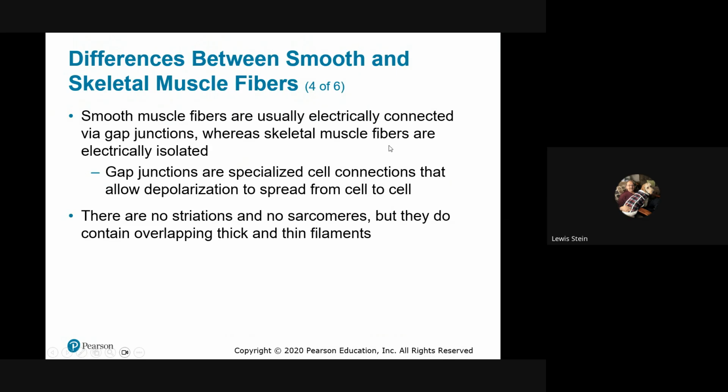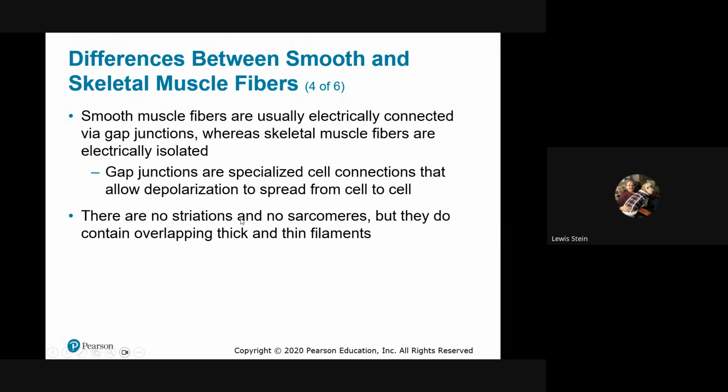The skeletal muscle fibers are isolated. The gap junctions basically allow that depolarization to spread. And so you cannot see striations. Even though there's overlap, the thin to thick ratio is on the order of 12 to 13 to 1, whereas in skeletal muscle it's 2 to 1. Because there's so much thin in relation to the thick, you don't see striations. So I frame it as no visible striation.